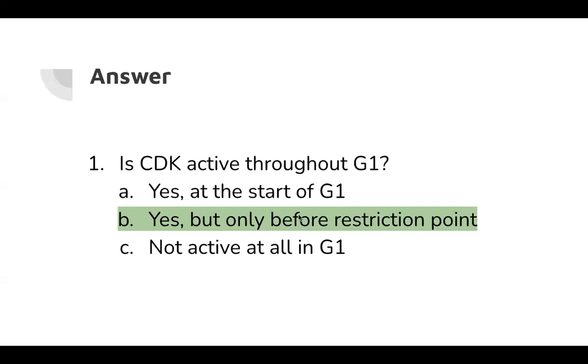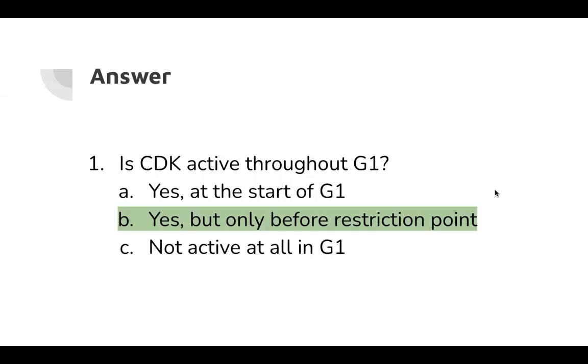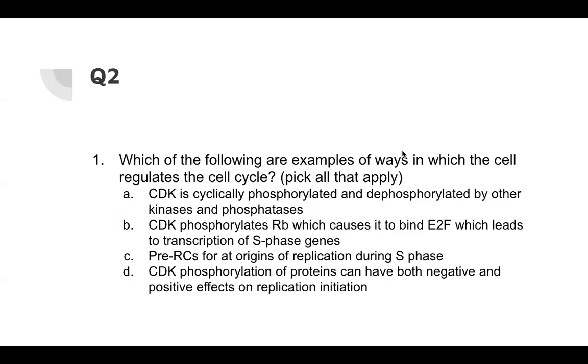Sorry, I thought you were asking. Anyways, let's move on. Isn't it active at the restriction point, before, to activate the E2F transcription gene? Well, that is the restriction point. I don't know, that's what her note says.